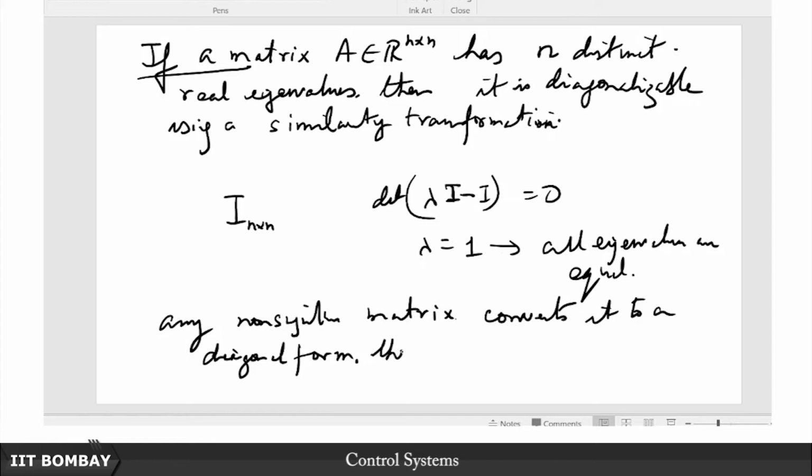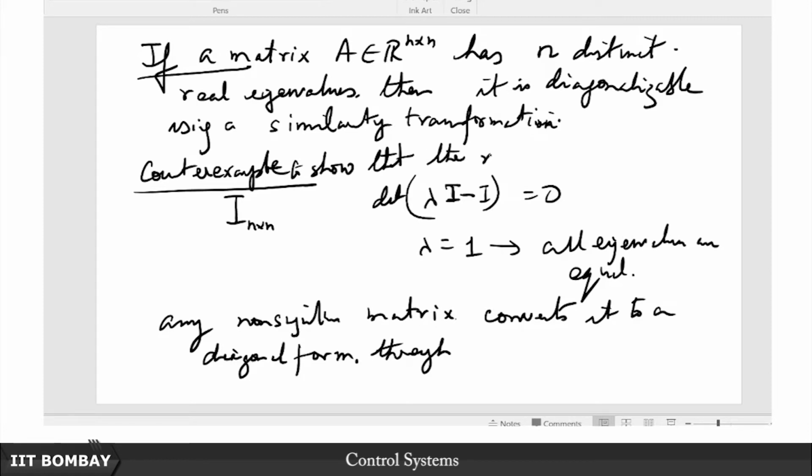So this is basically a counter example to show that the converse is not true. So in case there are repeated eigenvalues, even then it may be diagonalizable. If there are distinct real eigenvalues, then it is definitely diagonalizable. But even if they are repeated, you might still be able to diagonalize this.